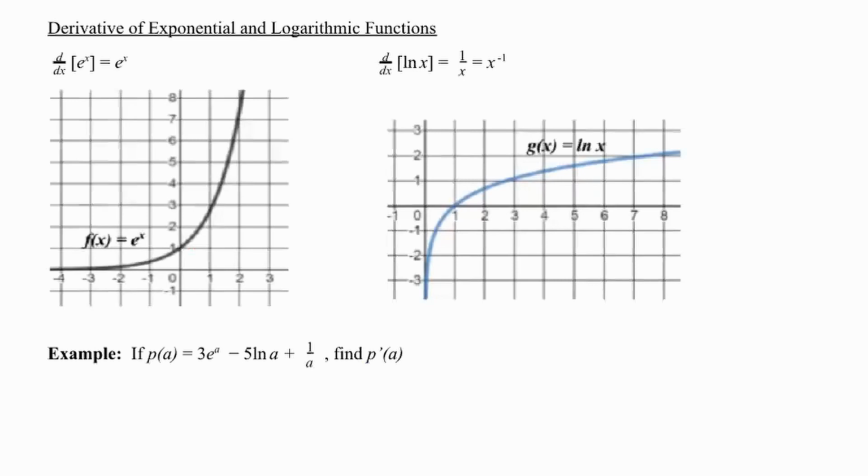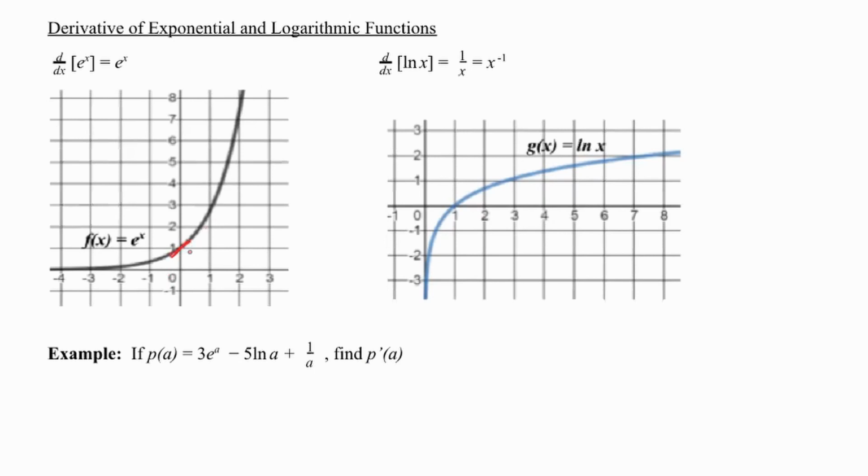Mostly, they only ask about e to the x and ln of x. Here we have the graph of e to the x. And what's so cool about e to the x is that the derivative is the same. So what does that mean? If we look here, what's the derivative here? Well, it looks like it's going up.